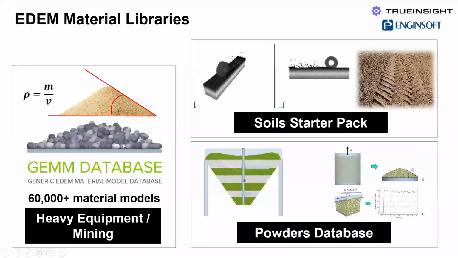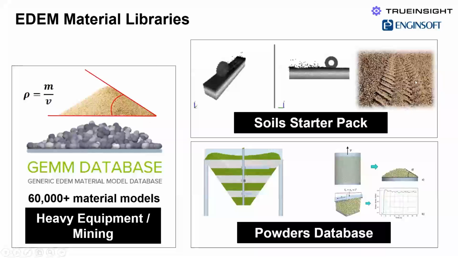So an accuracy check then is to pile up the material physically, see what this angle is, and then compare the results when you do your simulation. I mean, basically do a simulation just to replicate that behavior and check and make sure that's matching. So that kind of work has been done already in this GEM database for many different types of particles.